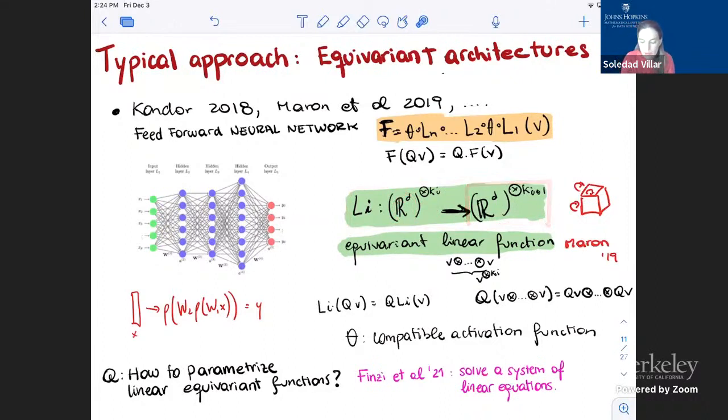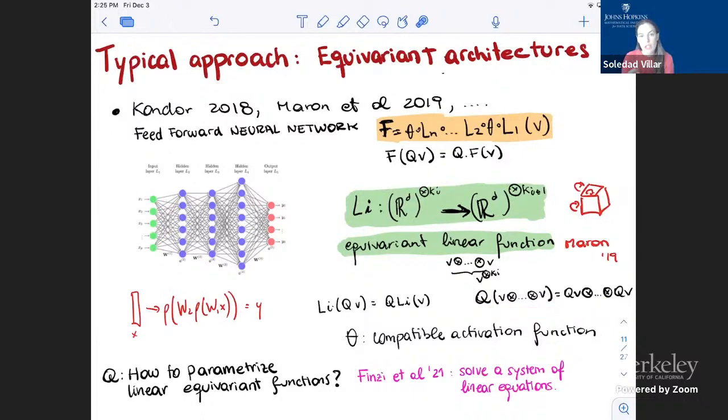So instead of a linear equivariant function from R^d to R^d, you use a linear function from (R^d)^k to (R^d)^k. That is equivariant, and you think of the action on this tensor as the action on each of the dimensions of the tensor. So Q acting on this tensor is equal to Q acting on each of the dimensions of the tensor.